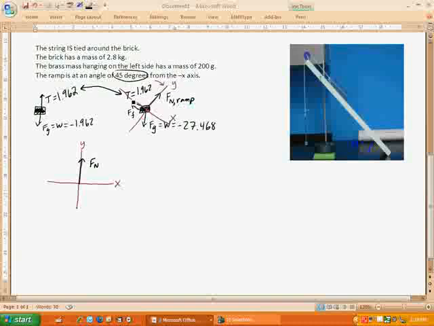Then these two forces, both tension and friction, go directly along the x-axis there. Now tension doesn't have to be along the x-axis for every single problem you ever do, but in this case the rope is parallel to the surface. If my rope was pulling up this way, then that would be a totally different story.